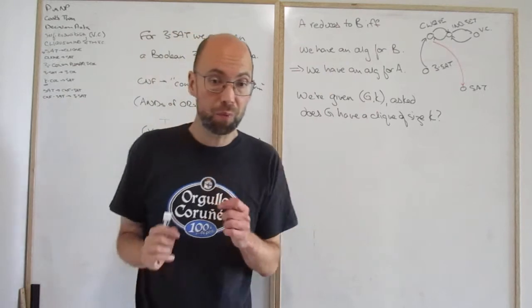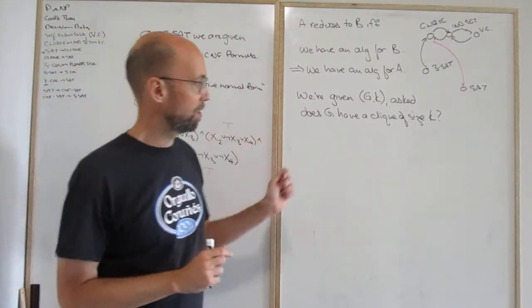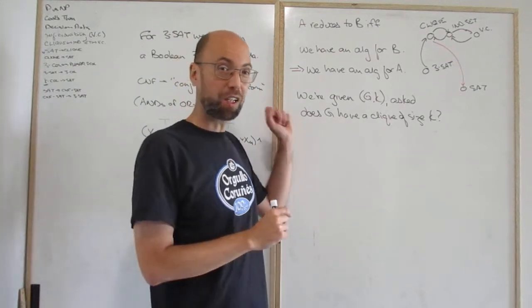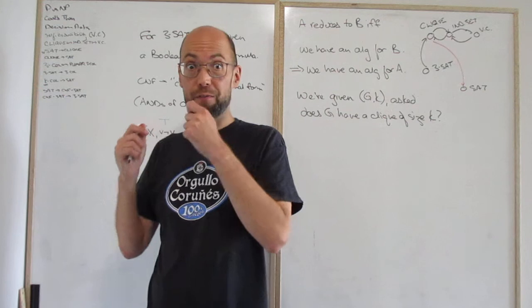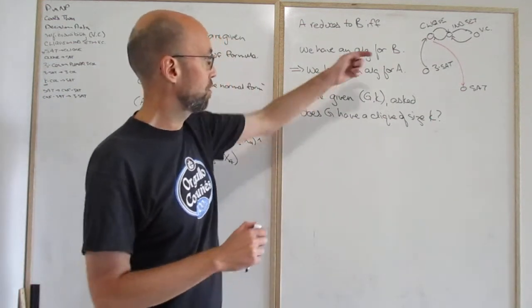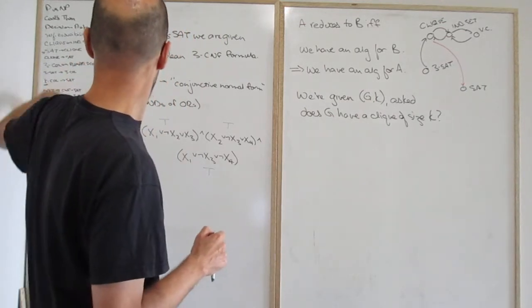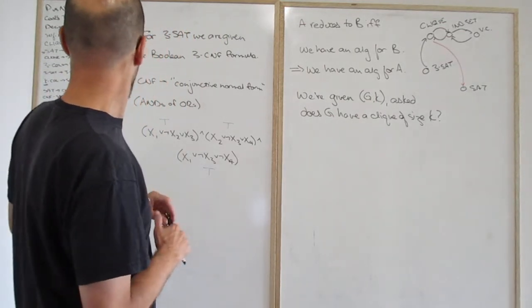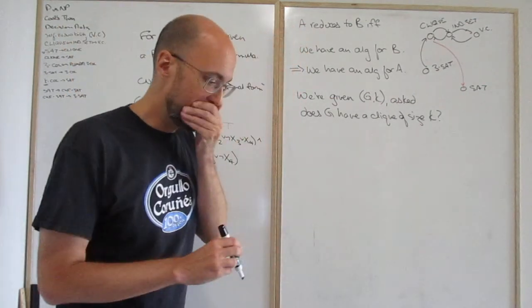Okay, and what we want to do now, before we took a formula and we turned it into a graph, now we're going to take a graph and an integer and turn it into a formula. Now, it's not going to be a 3-SAT formula because we may or may not get to that transform today. Okay, so how are we going to do this?